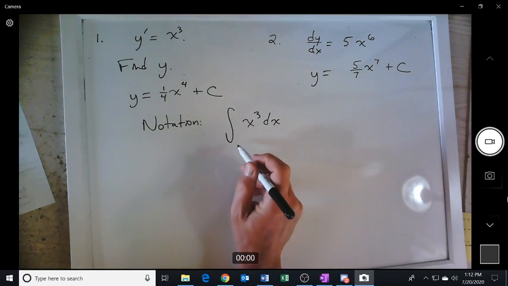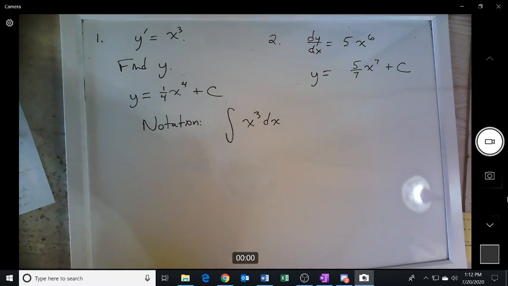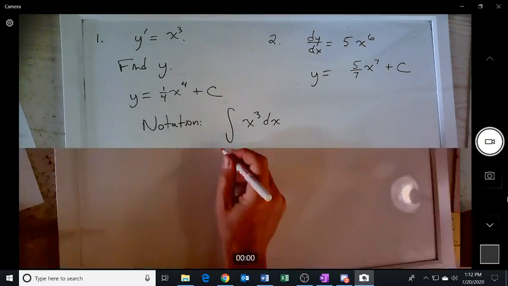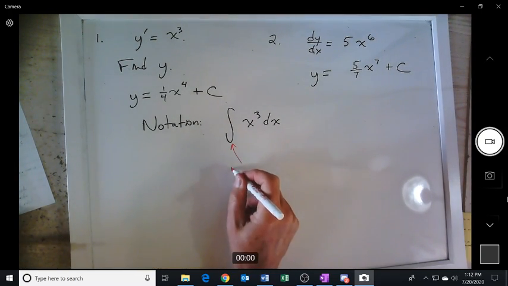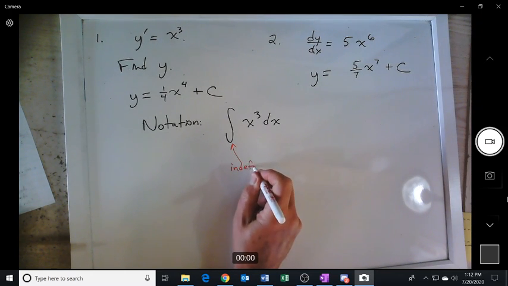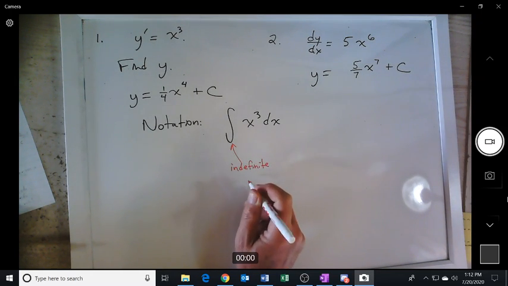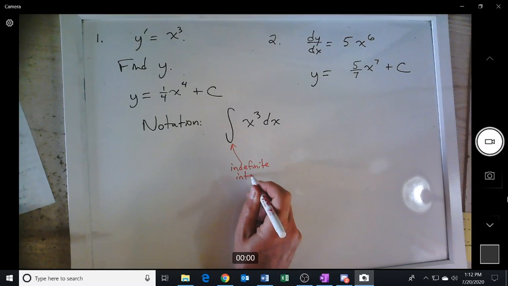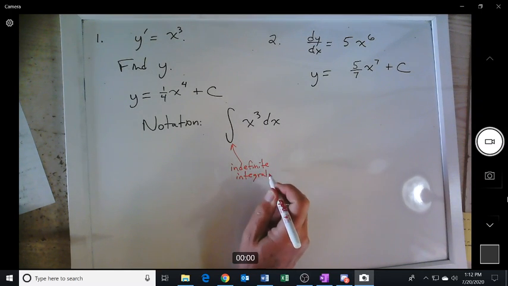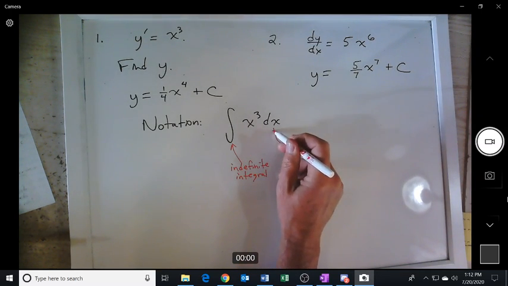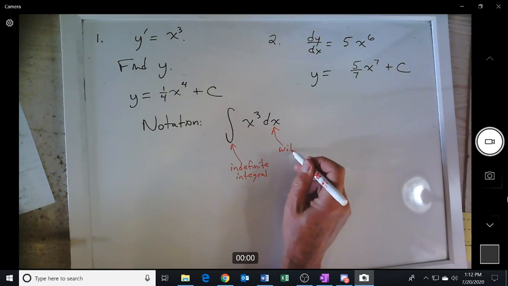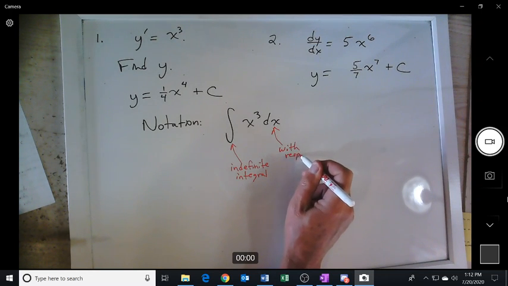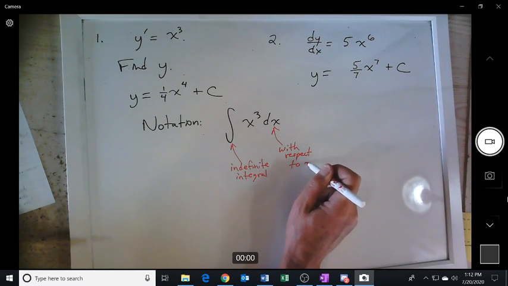How we're going to read this is the indefinite integral with respect to x.